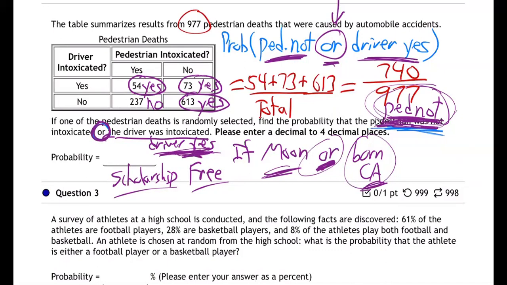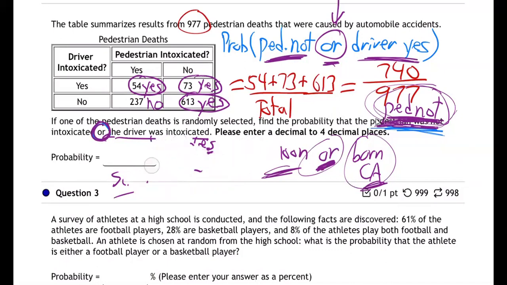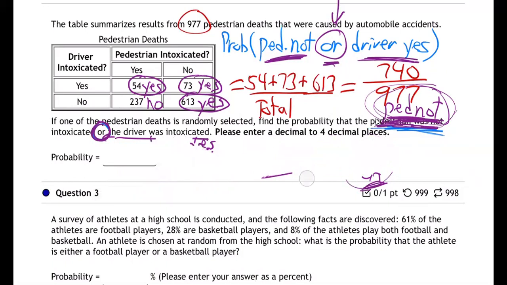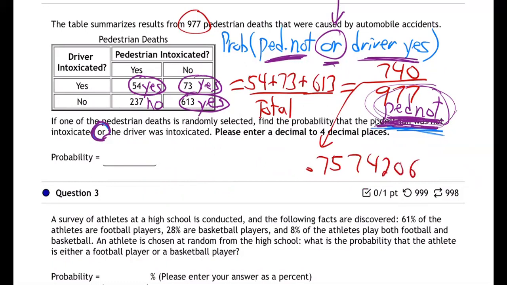And this comes out to be 0.7574206. They want 4 decimal places, so boom, right there, 0.7574.